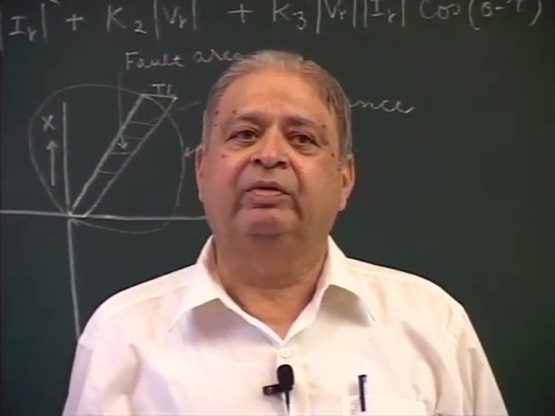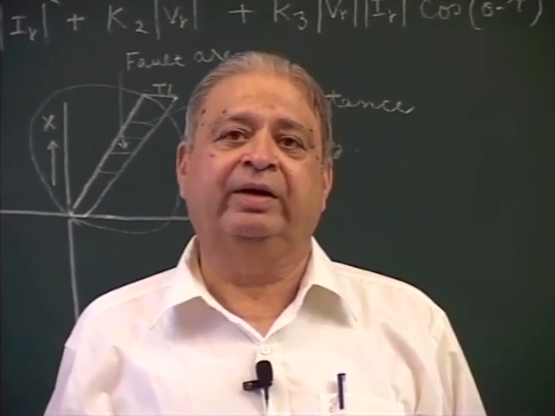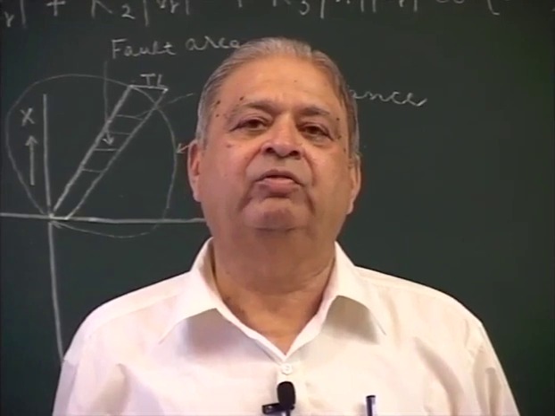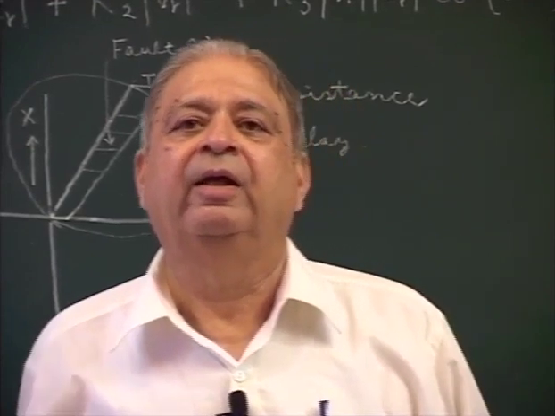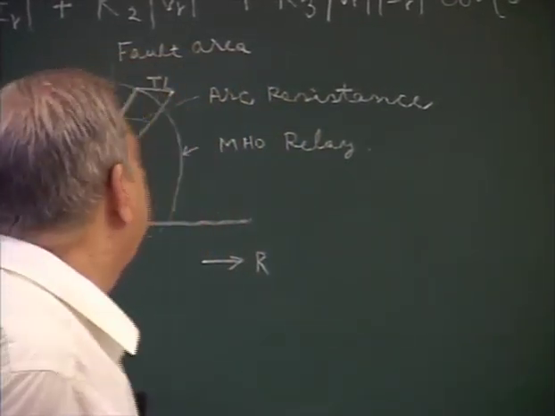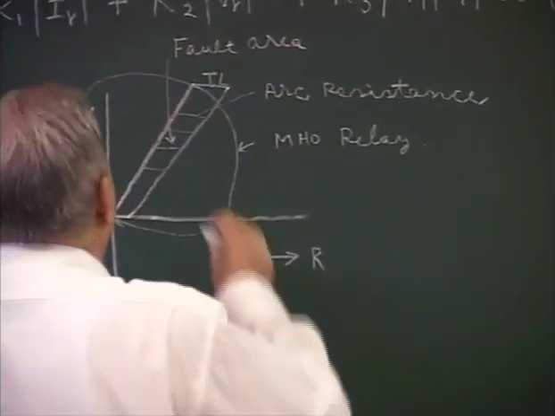Now, whenever the fault is there elsewhere and that fault is cleared, the machines will swing. VR and IR both will be changing in the system such that the operating point will swing.